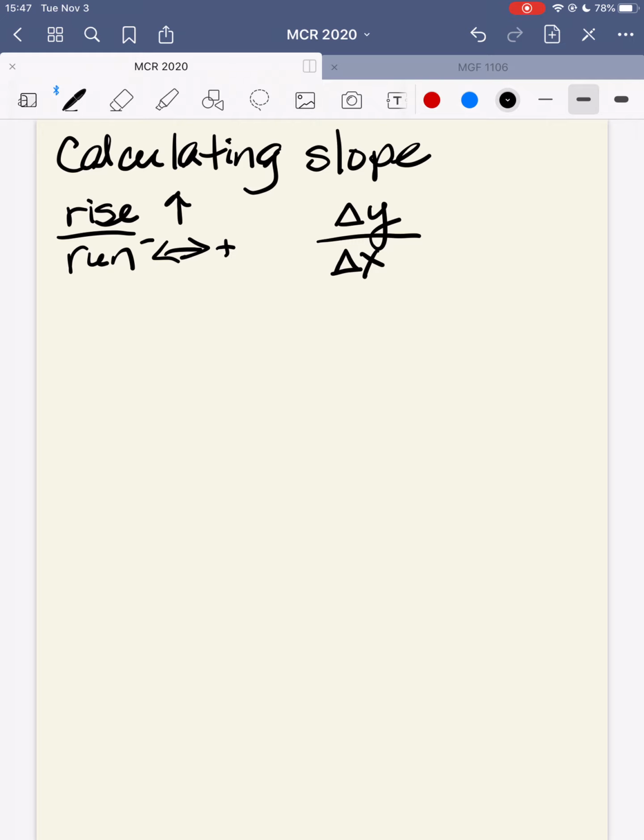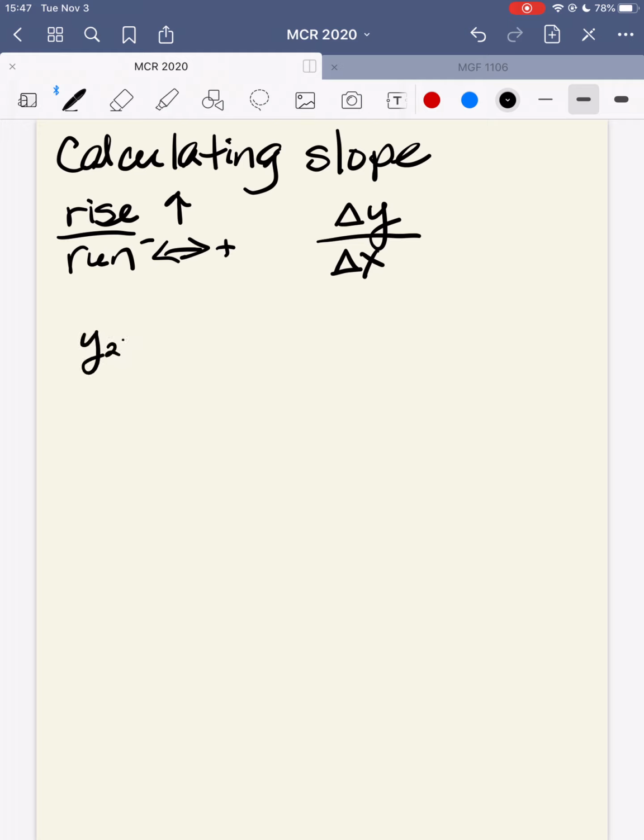Right. Now, graphing 2 points and counting is not the best way to get slope. Because if our numbers were really far apart, that's a lot of counting to do, and it's too much work. So we're going to use a math formula for calculating slope, and it's going to look like this. Some of you have seen this before.